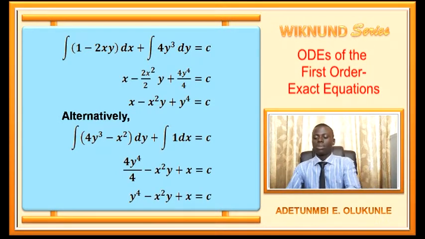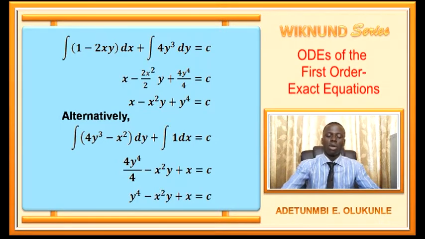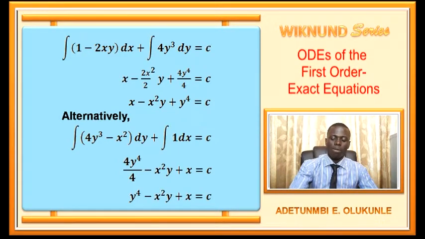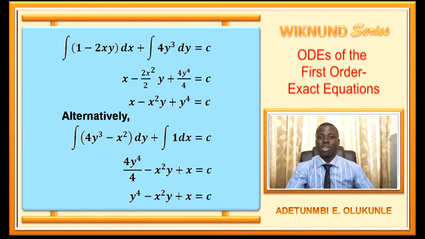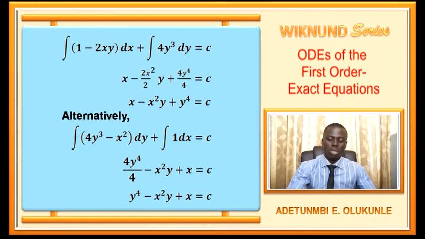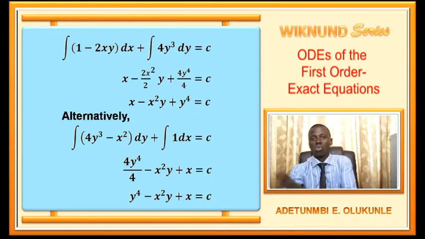Alternatively, we can decide to pick the second function as a pivot function. That is the integral of (4y cubed minus x squared) dy. We integrate everything. So since this is dy, we look for the term in the other function that does not contain y. The other function is 1 minus 2xy. So 2xy contains y, so we won't touch that.